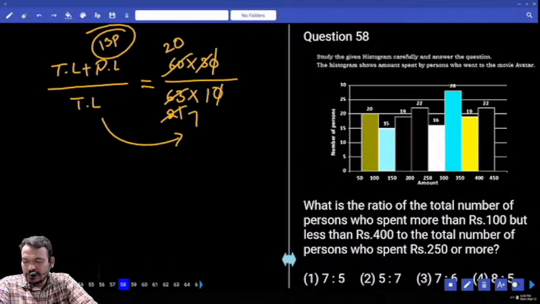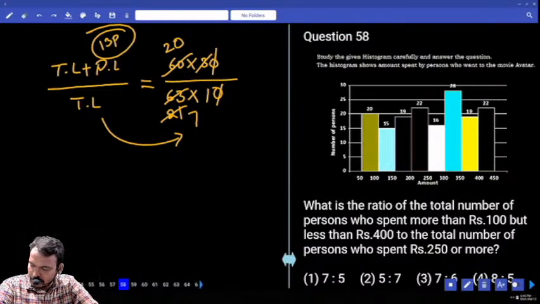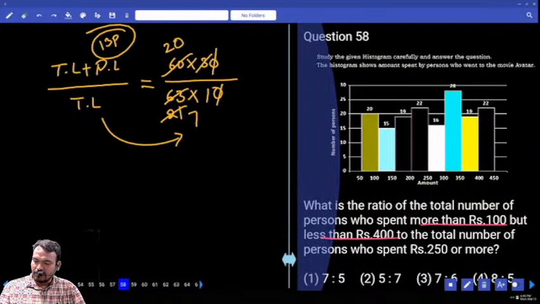What is the ratio of the total number of persons who spent more than 100 rupees but less than 400 to the total number of persons who spent 250 or more? Okay. More than 100 rupees but less than 400.